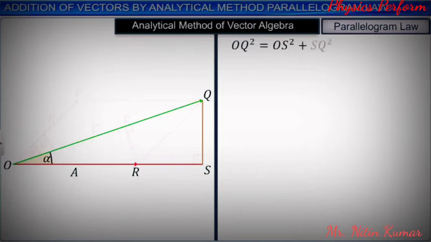As point R lies on the straight line OS, we can write OS is equal to OR plus RS and OS is equal to A plus RS. Let this be equation 2. Consider the next triangle QRS.